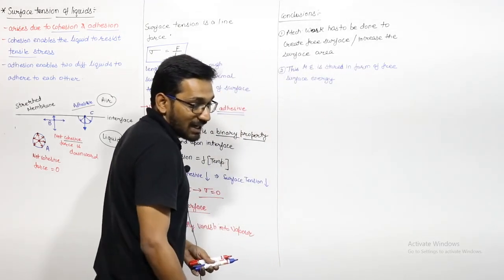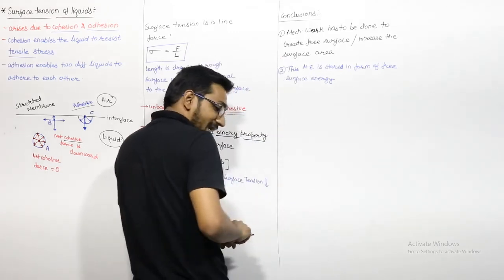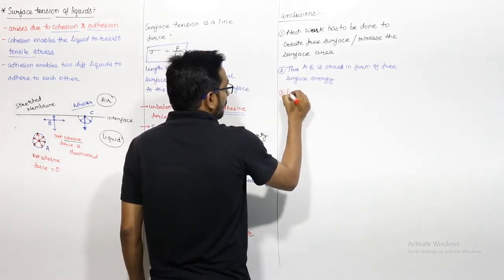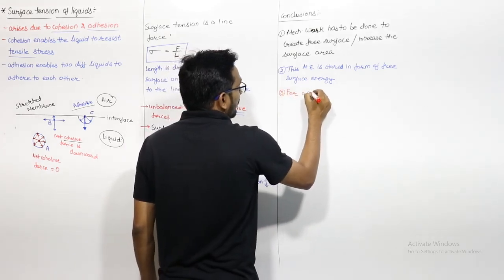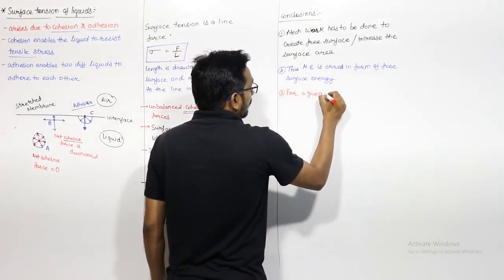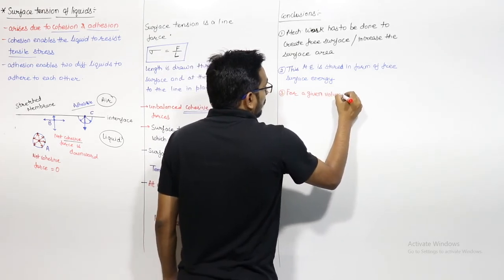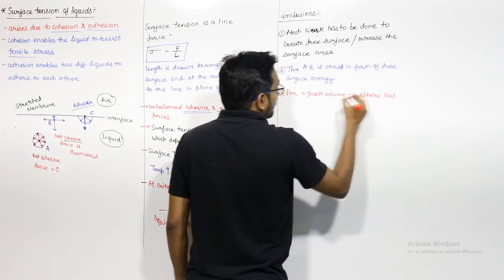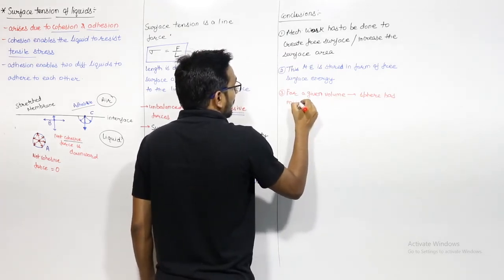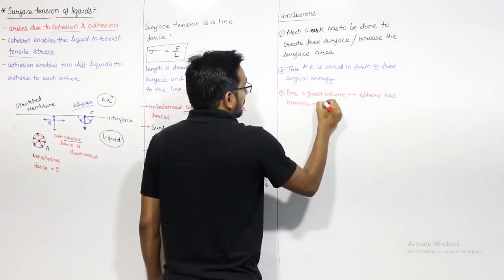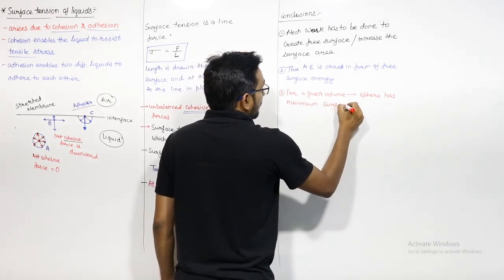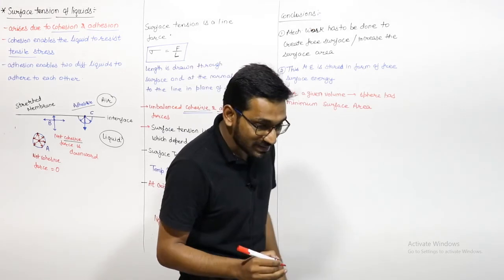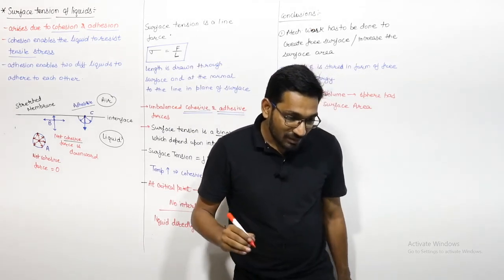So for a given volume, the sphere has the minimum surface area, right?